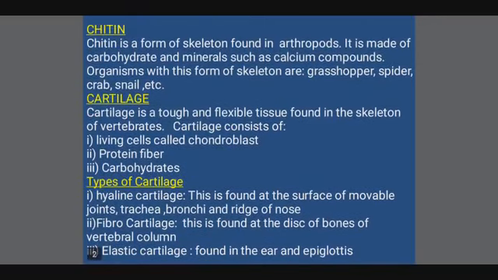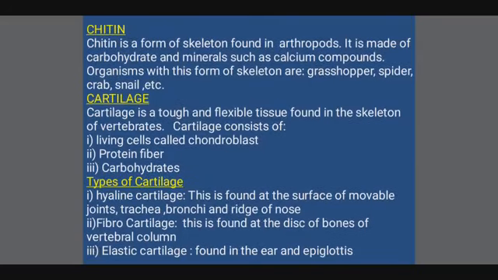So cartilage consists of living cells, which we call chondroblasts, protein fiber, as well as carbohydrates. Types of cartilage: we have hyaline cartilage, fibrocartilage, and elastic cartilage.